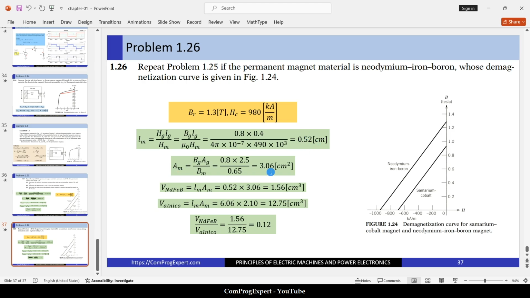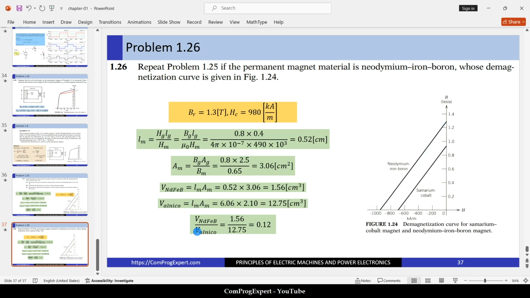The area of the magnet is 3.06. Finally, we will have this ratio. The volume of the NdFeB magnet is much lower than the value of the alnico magnet. Yes, because we have a high energy product for this magnet.